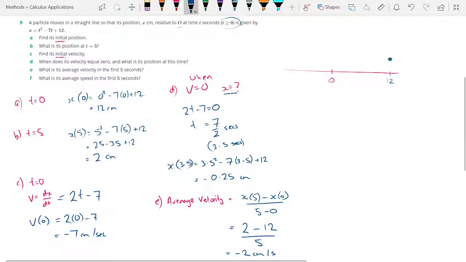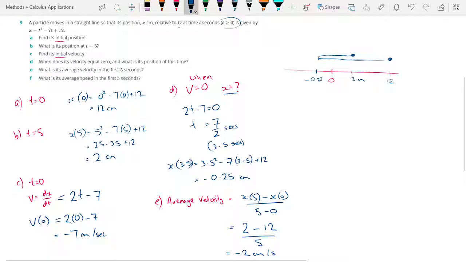Then 3.5 seconds later, we noticed it got down to negative 0.25. So the particle moved this direction, and it stopped there, because that was our first stationary point for part D. Then at 5 seconds, it had gone back to positive 2 centimeters from the origin. So we're back up to here.